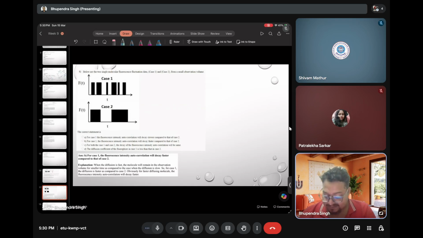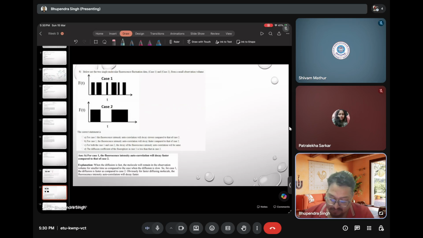The correct statement is: A, for case 1, the fluorescence intensity autocorrelation will decay slower compared to that of case 2. No, that is not the case, because the on state in case 2 is higher. B, for case 2, the fluorescence intensity correlation will decay faster compared to that of case 1. Yes, that should be the correct answer. C, for both case 1 and 2, the decay of the fluorescence intensity correlation will be the same. No, that is not correct.